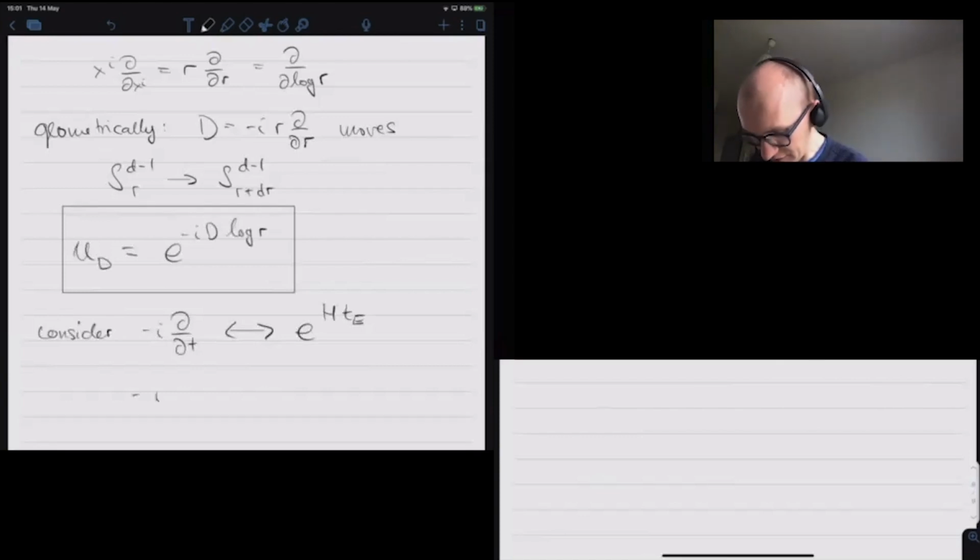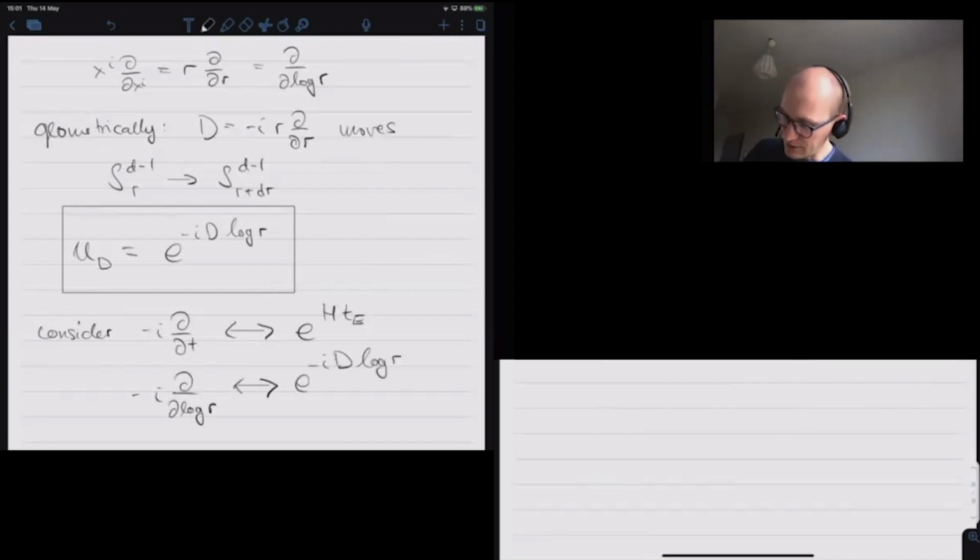And then what we have is I d by d log r. This is going to be related to e to the minus I d log r. So the comment that I want to make here is twofold, but let me only say the first because we're running out of time. We'll get back to the second after the break.